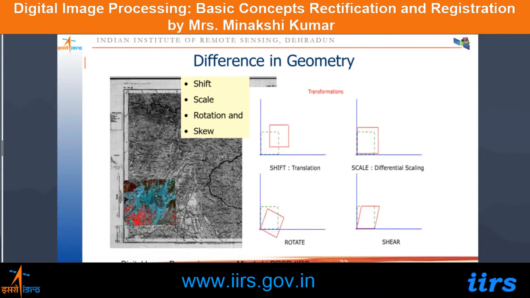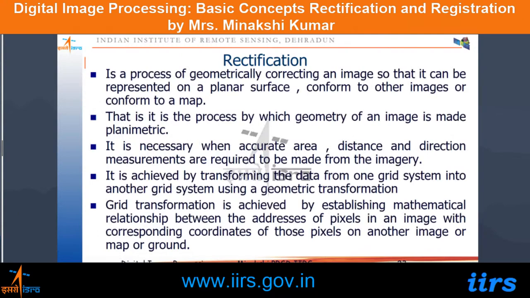That means grids which have two different coordinate systems, row column and latitude, longitude, or row column and northing, eastings. So you have to transform the data from one grid, your image grid, which is in rows and columns, to your map grid, which may be latitude, longitude, or northing, easting, depending upon which projection system you are using.